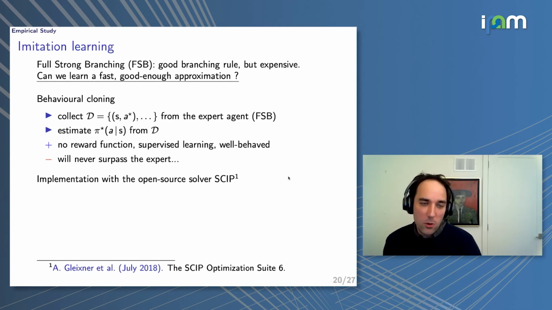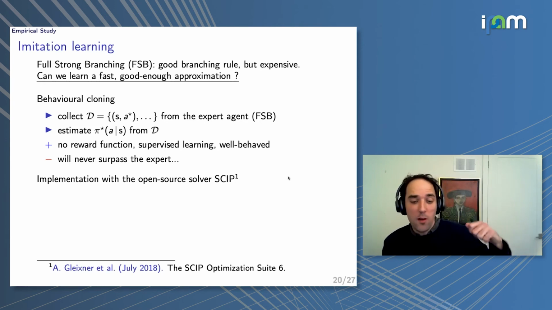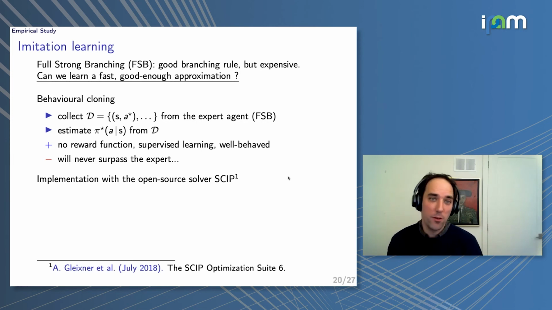What we do is behavioral cloning. We take instances of MILPs that we want to solve, we run them through the solver using FSB, and we record all the decisions of the solver as well as the state. So our data set is effectively pairs of state and action.